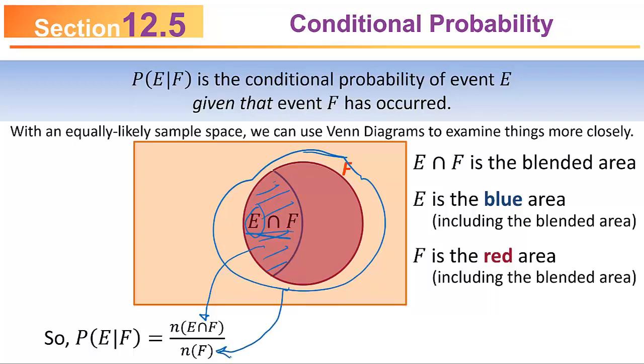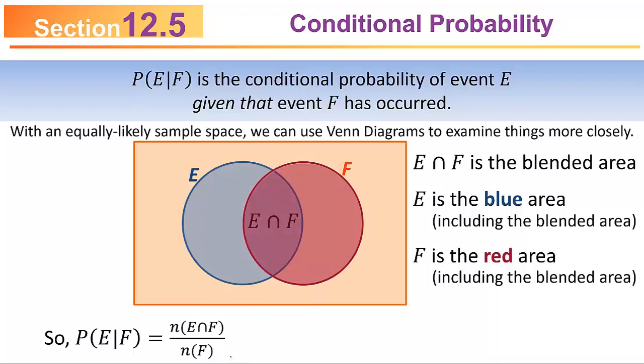It's like when we cut down the entire 36 possible sums to 18 because we knew what had already happened. In this case, part of circle E went away because we knew what had happened. It's just a visual way of seeing it. You don't have to know it this way in order to use the formulas.